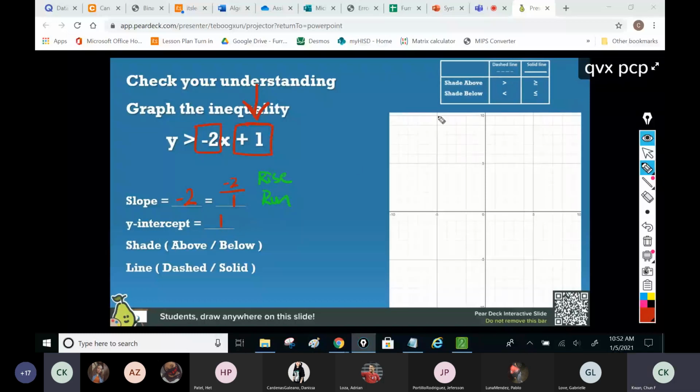Go to the y-axis and look for positive 1, which is right here. This is where you start. Then you drop down 2 units and go across 1 unit.